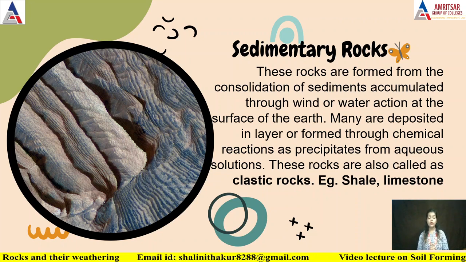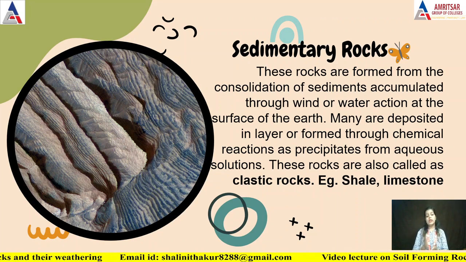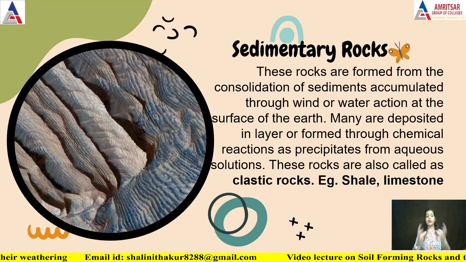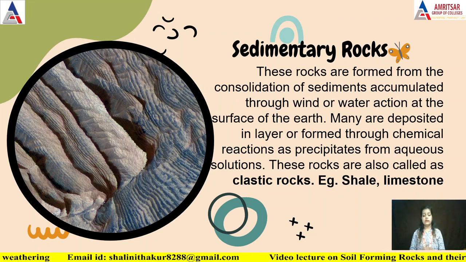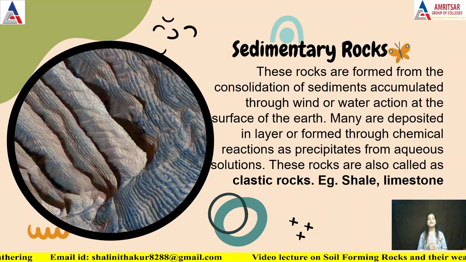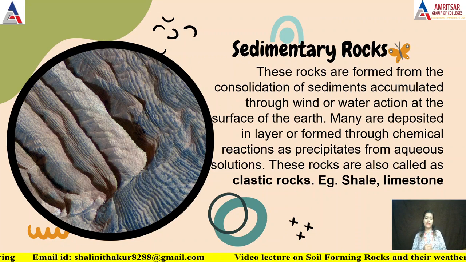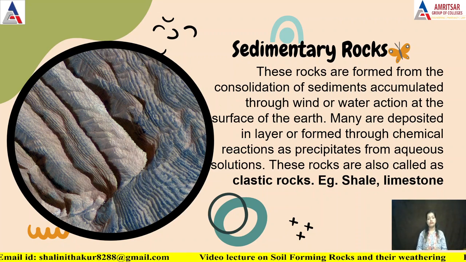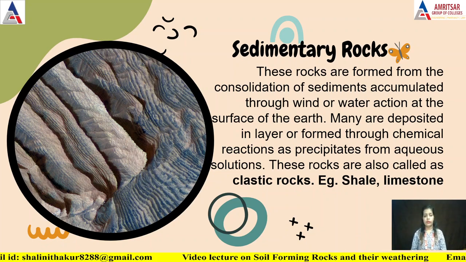One more basic quality is that they are formed in layers. They are not like a bold mass, but they are in layers. They are also known as clastic rocks, and the examples are shale and limestone, and the image is already shown in the video.